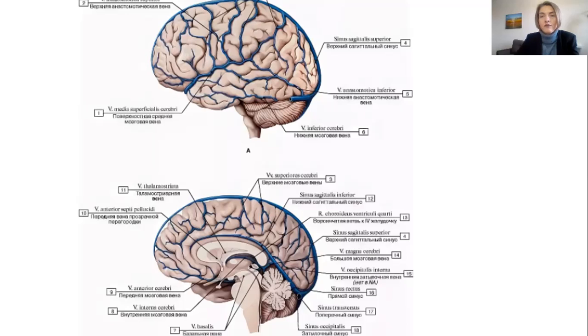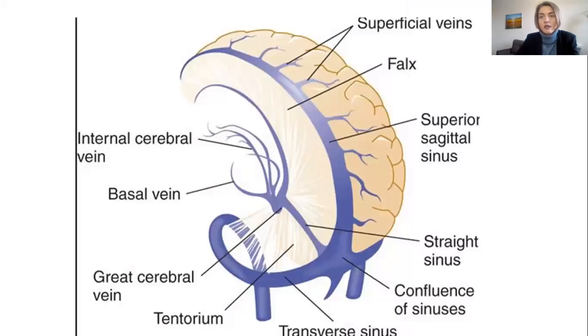Let's look at the configuration of these venous sinuses. We are starting with the superior sagittal sinus. This large venous sinus is located superiorly in the midline.